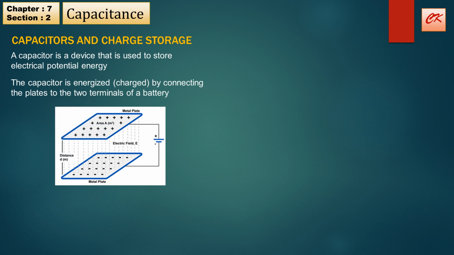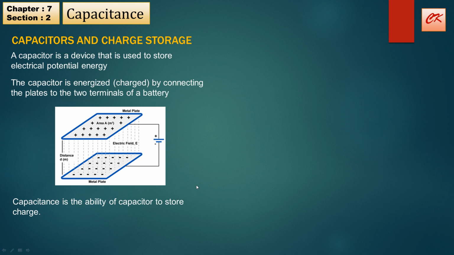As you see here, there is a battery and two parallel plates connected. The plate connected to the positive terminal is charged positively, and the plate connected to the negative terminal of the battery is negatively charged.